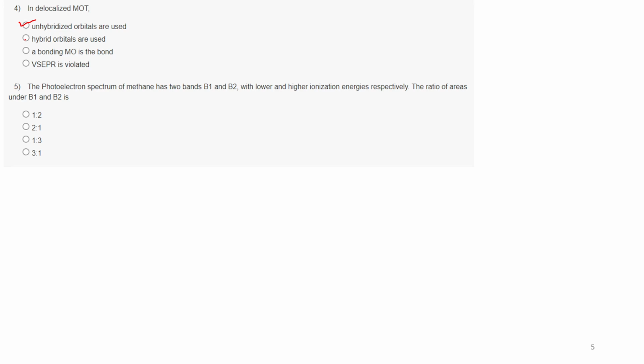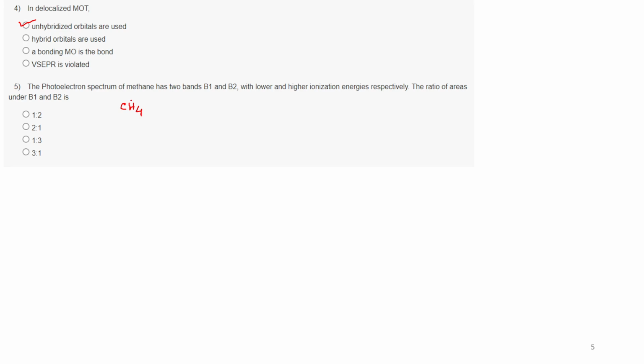Then question number 5 is talking about the photoelectron spectrum, what I was saying just before that. The PES of methane, CH4. In one of the lectures, I think Professor Anindya Datta in the penultimate lecture of week 11, taught how the molecular orbitals of methane look.